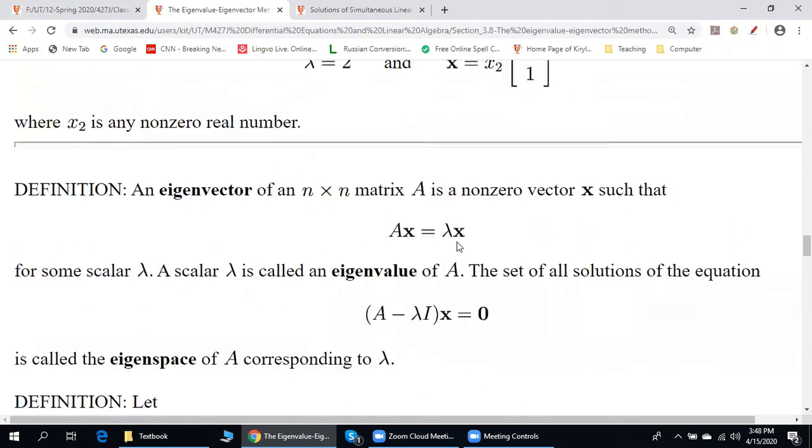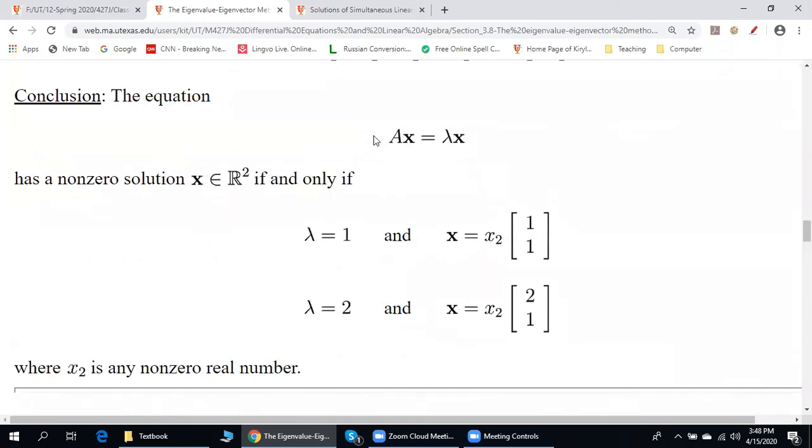So going back to our problem, the set of all eigenvalues of A is 1, 2. The set of all eigenvectors of A is this and this, where x2 is any non-zero real number.